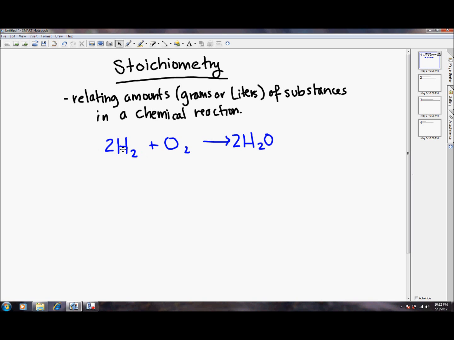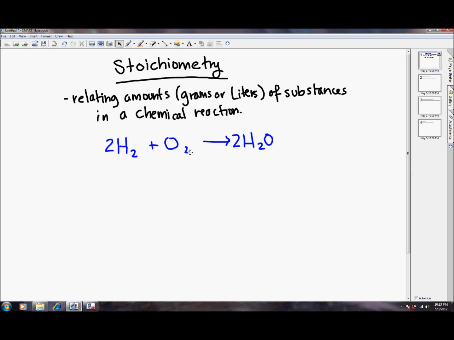The equation tells us what the reactants are, the product that is produced, and the numbers here also tell us the ratio of atoms or molecules that are needed. So for example, this is 2 hydrogen molecules reacting with 1 oxygen molecule to form 2 water molecules.